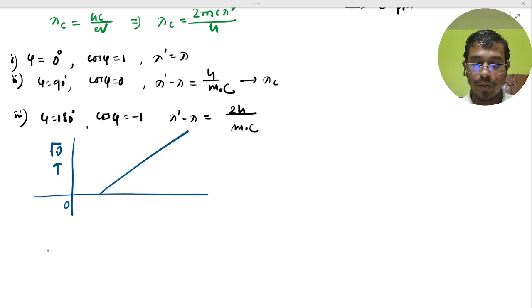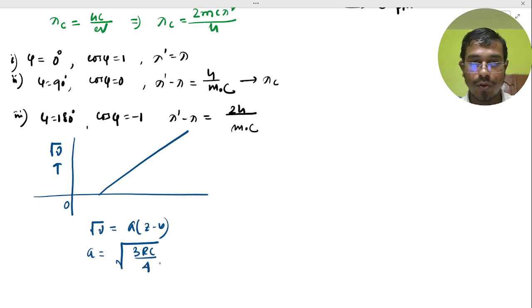So we have constants a and b, and the law is root nu equal to a into Z minus b, where a and b are constants, a is root over 3Rc by 4, and b is equal to 1.